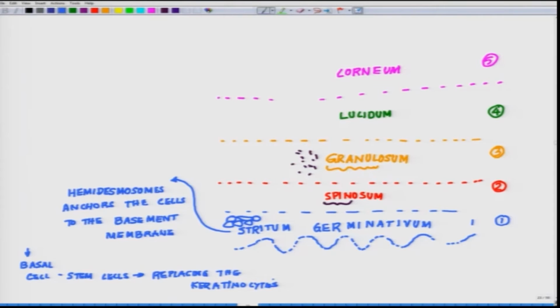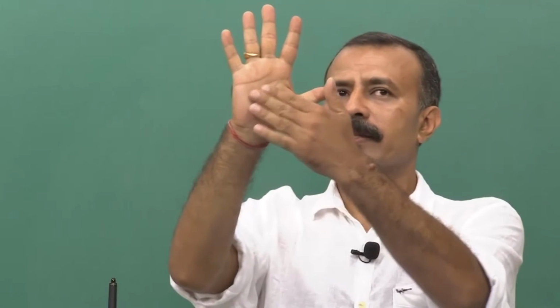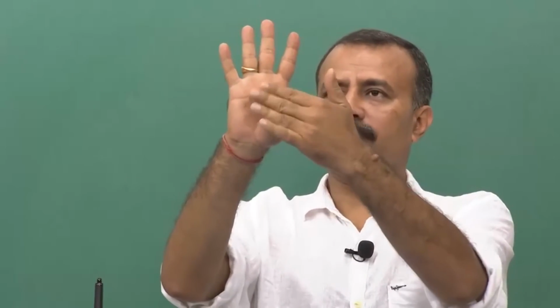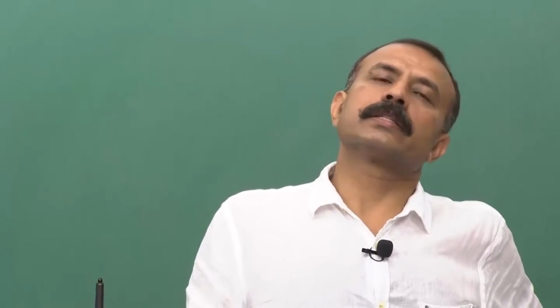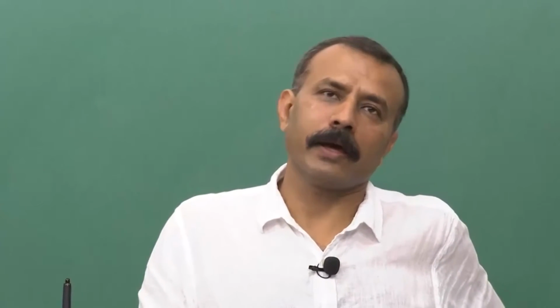The second cell type in this layer is called Merkel cells. This is very important. If you ever forget, Merkel cells are present in this layer, not in the other kind of skin. That signifies Merkel cells are present in those skin surfaces where there is no hair.